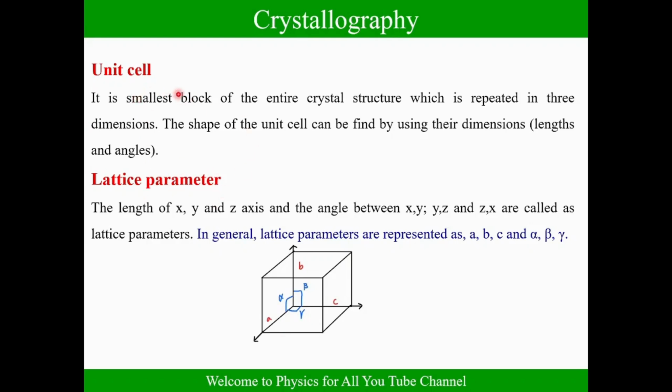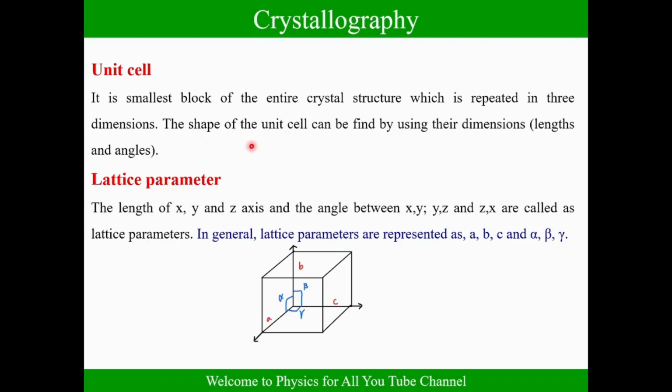Now after these fundamental definitions, we will go to other definitions like unit cell and lattice parameter. In order to study the entire crystal structure, we have to divide the total crystal structure into smallest parts or smallest blocks. The smallest part, which is repeated along the three dimensions, is called the unit cell.